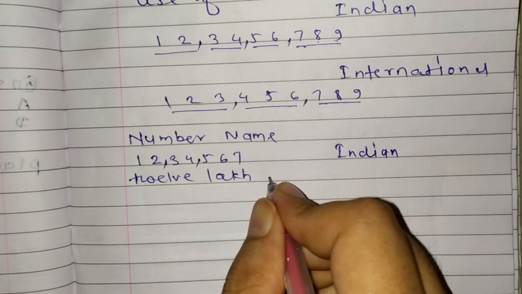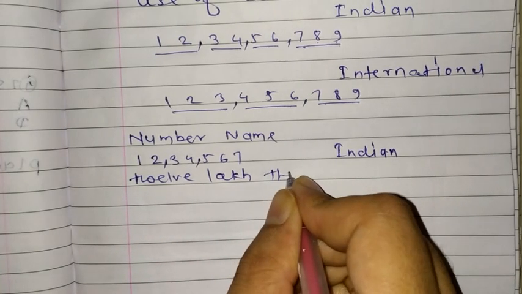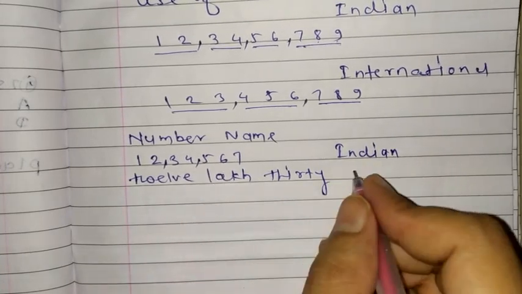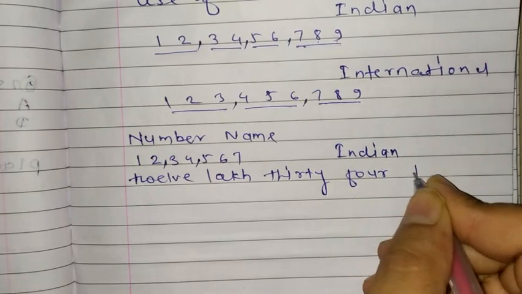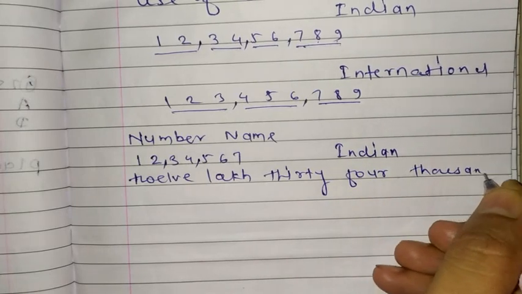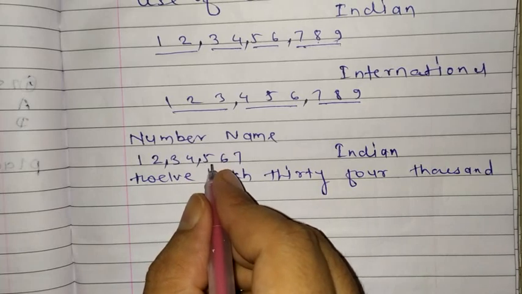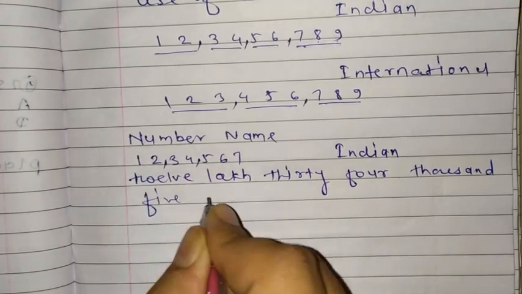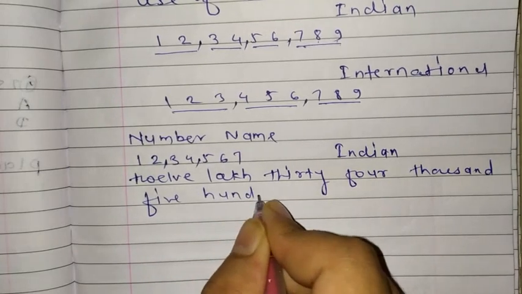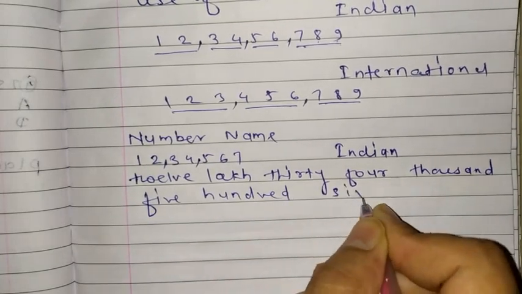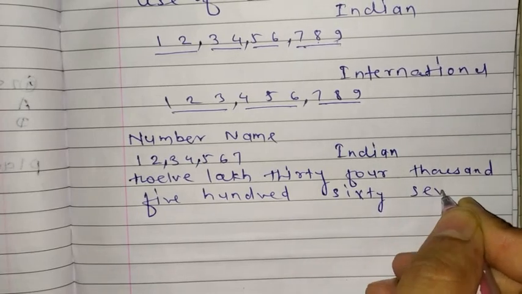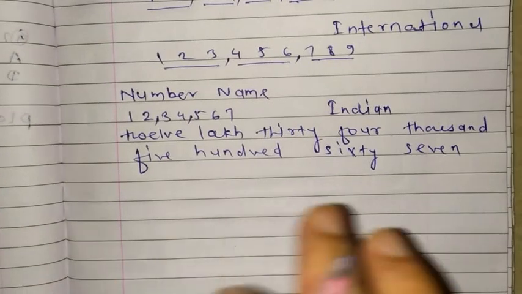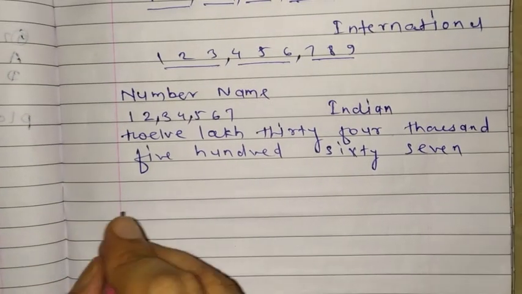So you write 34,000, and then this is the 100 place, so 567. So in this way, I just give you only one example. Then later on when we see the exercise, we will go into detail.